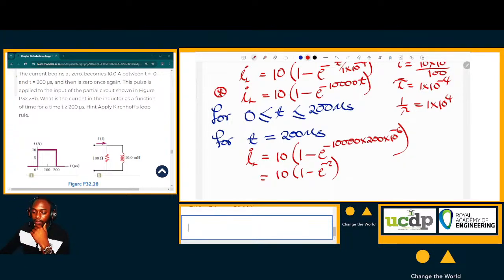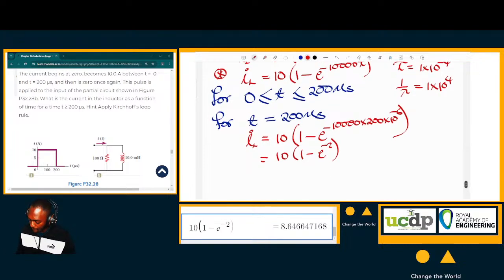So now we can do this, put our bracket, 1 minus exponential to the power of negative 2, and we get 8.65.